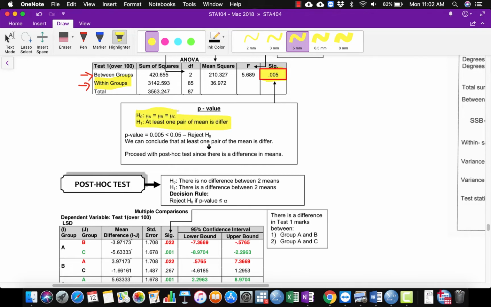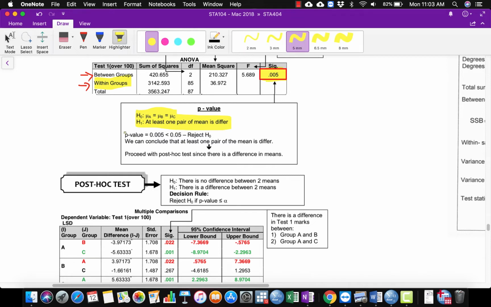The null hypothesis is that the mean for group A equals the mean for group B equals the mean for group C. And the alternative hypothesis is that at least one pair of the means is not equal, right?